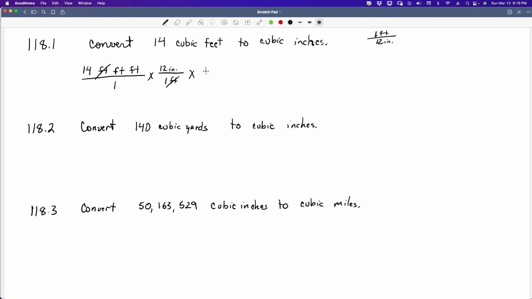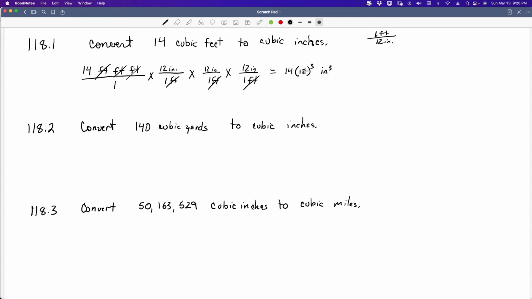Times 12 inches in the top, 1 foot in the bottom, which allows us to cancel the second unit of measure of feet. And then again, 12 inches in the top and 1 foot in the bottom, which allows us to cancel the final unit of measure. So we end up with 14 times 12, and we have 12 3 times, so that's cubed. And we have inches 3 times, so that is cubed as well.